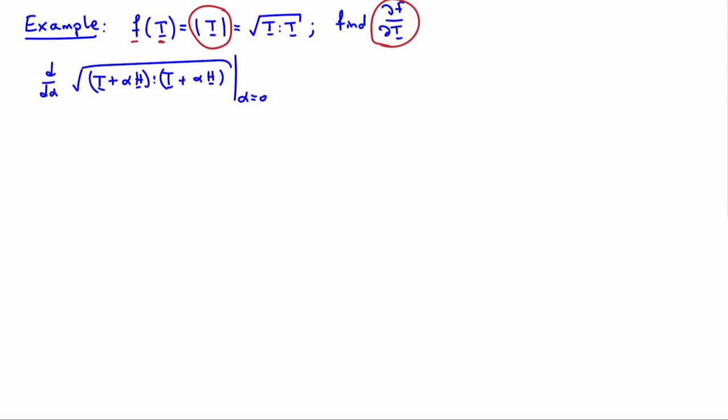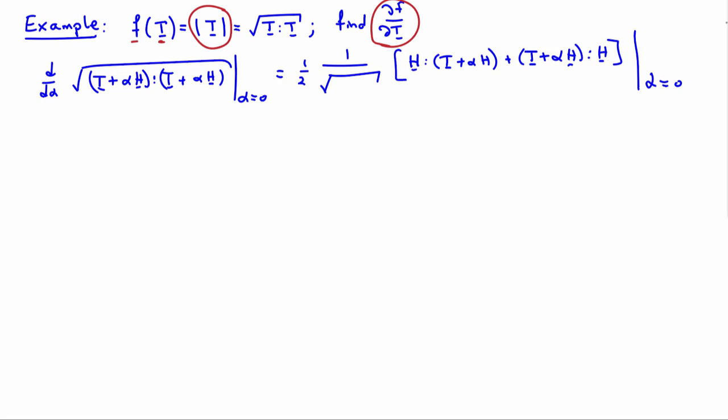So I'll write the square root of t plus alpha h double contracted with t plus alpha h, evaluated at alpha equals 0. So again, I'm going to have to use the chain rule of differentiation and then the product rule of differentiation. So if I use the chain rule, I'm going to get 1/2 times 1 over the square root of all of this stuff here. So I won't write it out because it's a big mess.